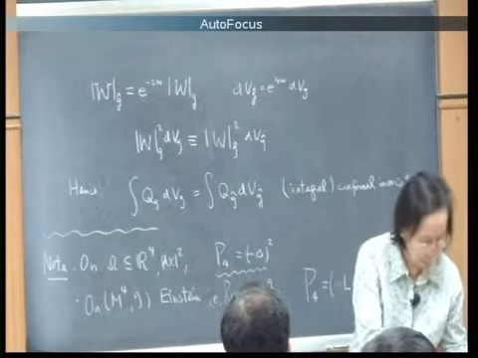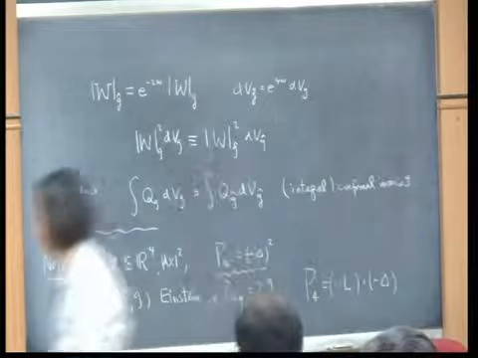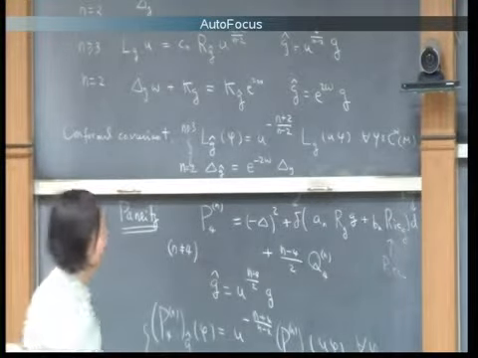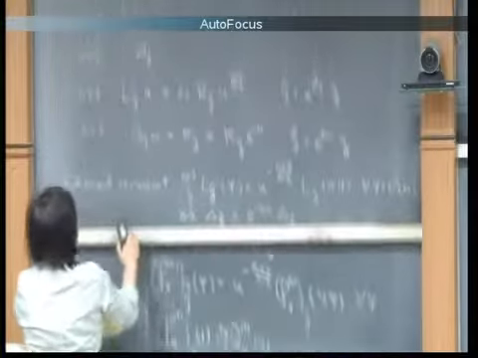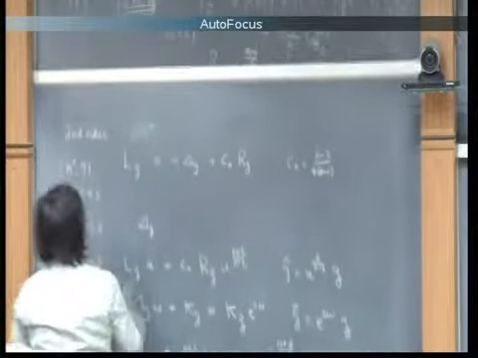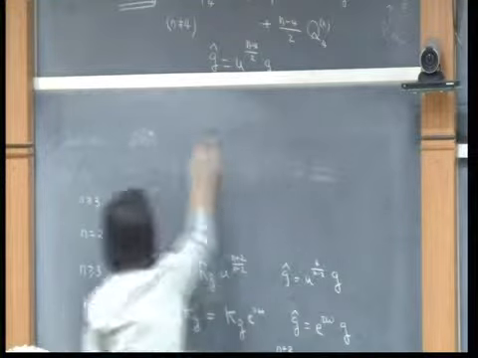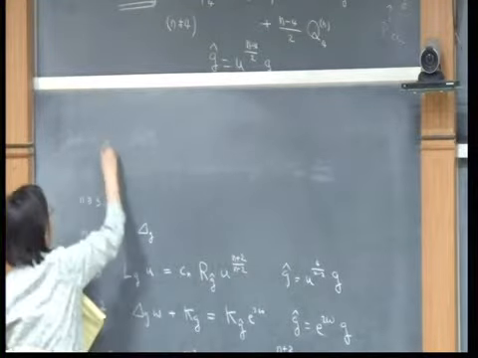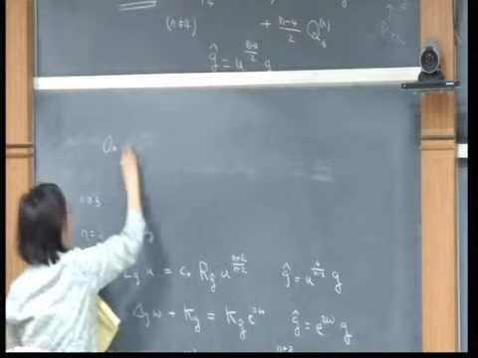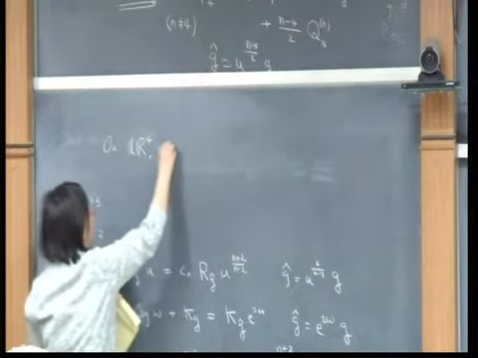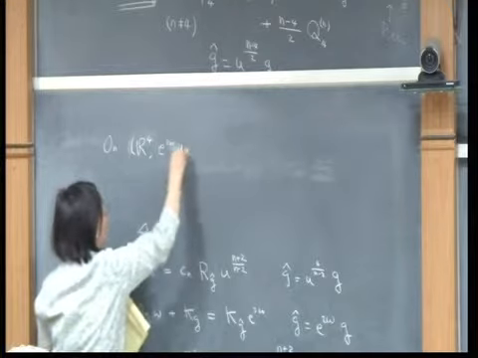So here is the theorem I want to cover. On a domain in R4, suppose I consider a metric e to the 2w, dx squared.